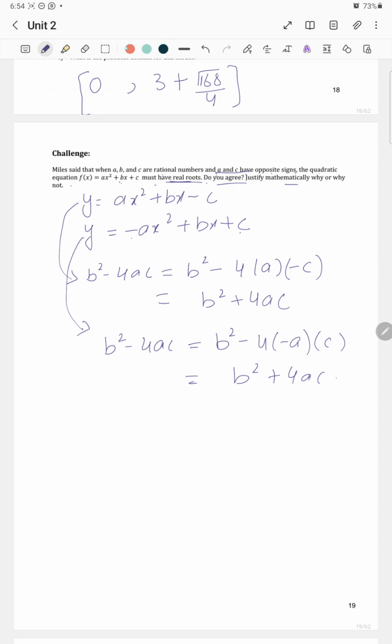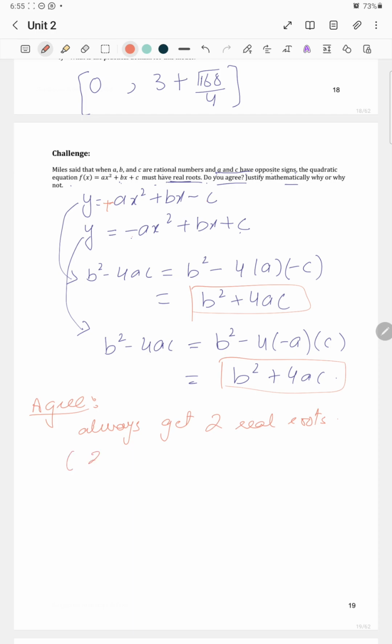So there are two options. A and c have opposite signs if a is positive and c is negative, or if a is negative and c is positive. In both cases we get a positive discriminant. First of all, I agree, and a positive discriminant means that we will always get two real roots.